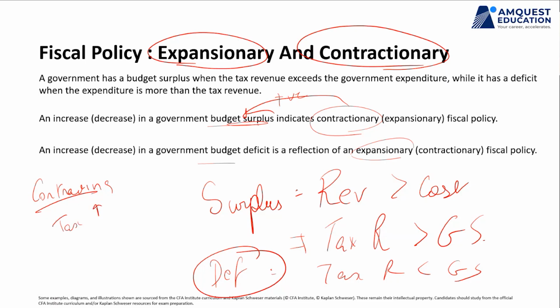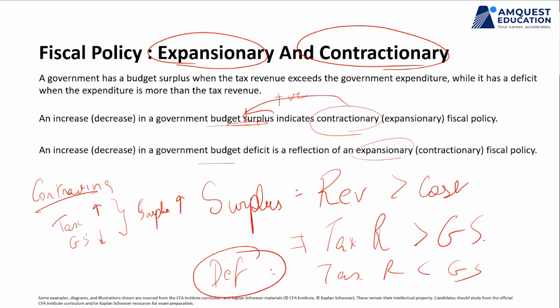It is contracting the economy, meaning people's demand is falling because it's contracting them. That means the tax has gone up, or the government spending has gone down. That's why it's a contractionary policy. So if tax has gone up and government spending has gone down, the government surplus has gone up, right?